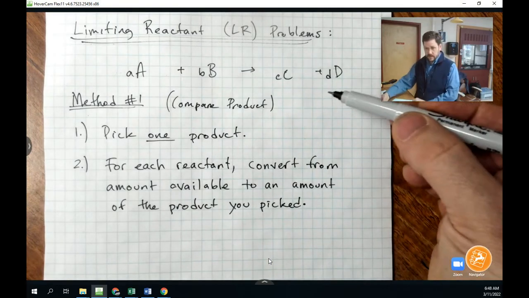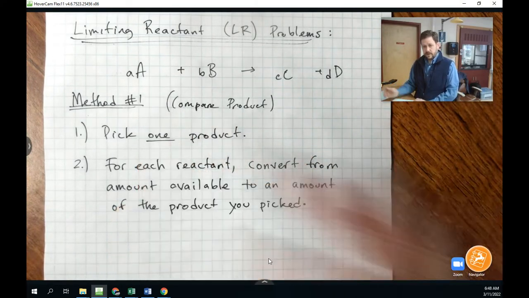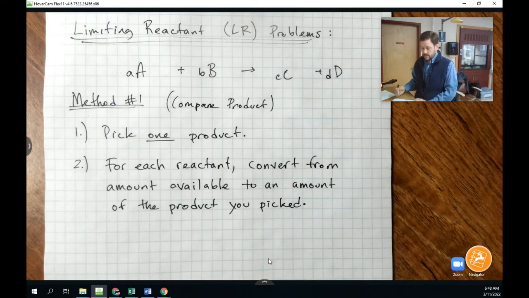So if you picked C, convert amount available of A to C, then convert amount available of B to C.